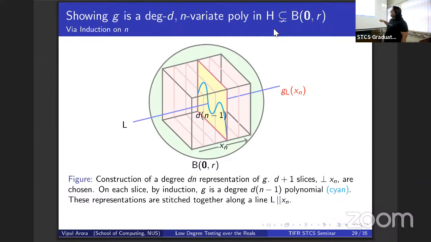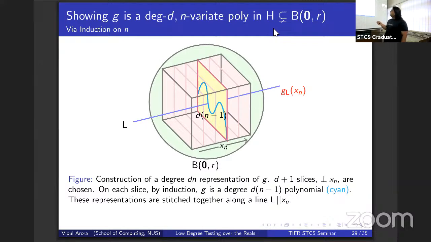These slices are all parallel. So you take a line L that is perpendicular to all of them. And on this line L, by the first part of the analysis, G restricted to L, as a function of X_n, is a degree D univariate polynomial. So you have n minus 1 variables and a degree of D times n minus 1 over here, and you have an additional variable and a degree D for this line.